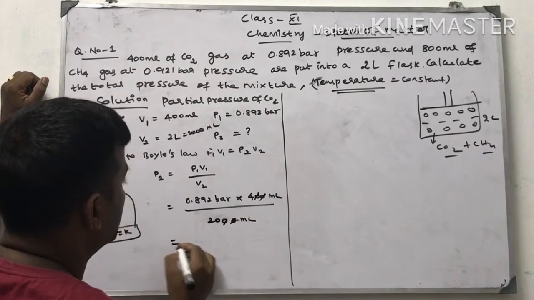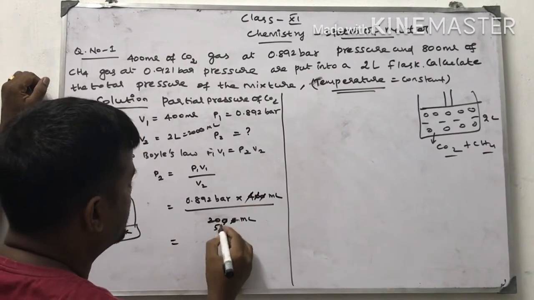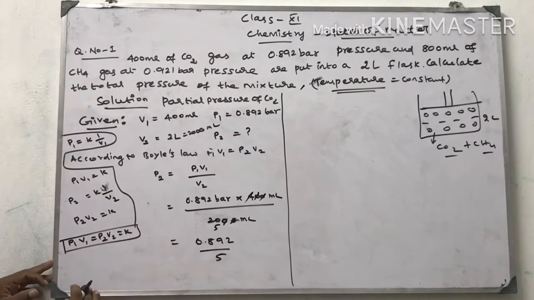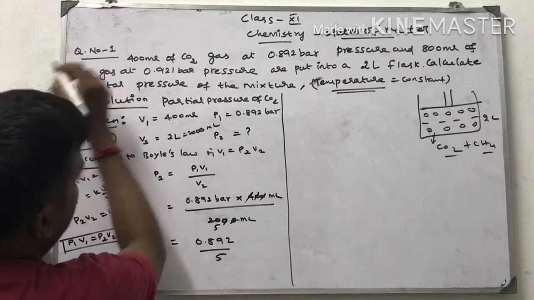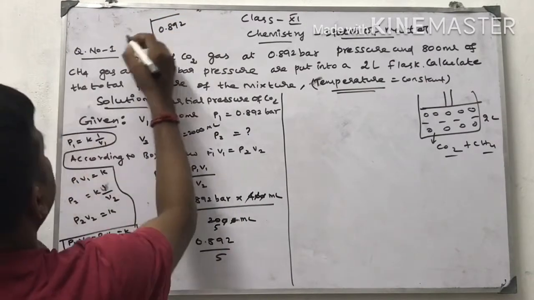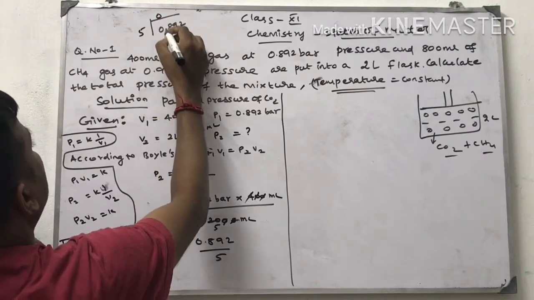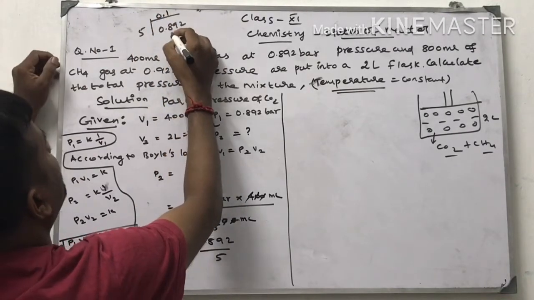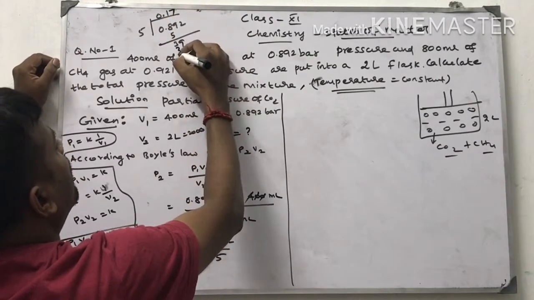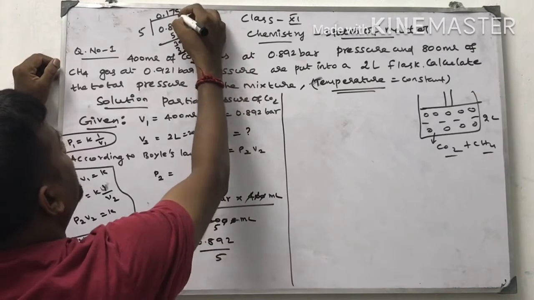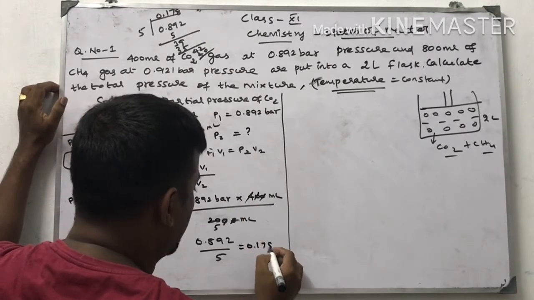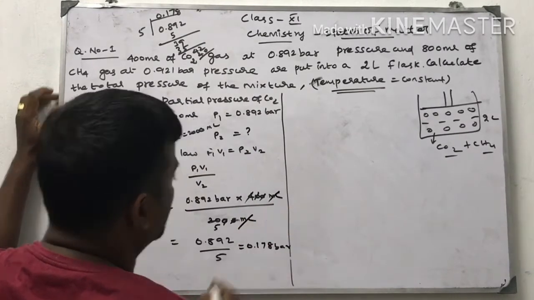Cancel these things, we get 4 by 20, that is 1 by 5. 0.892 divided by 5. We get 0.178 bar. The ml also gets cancelled.